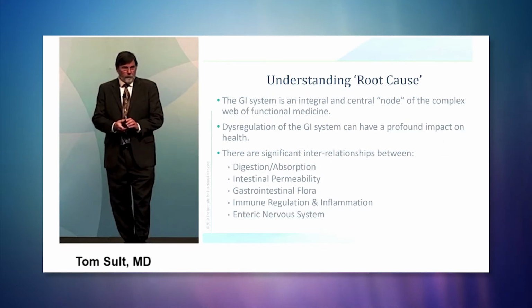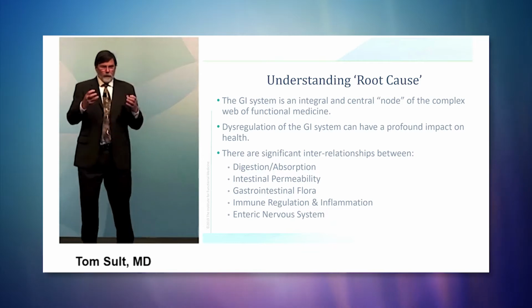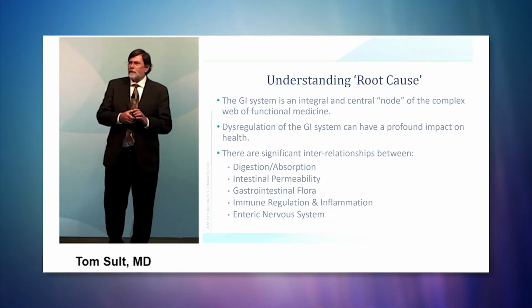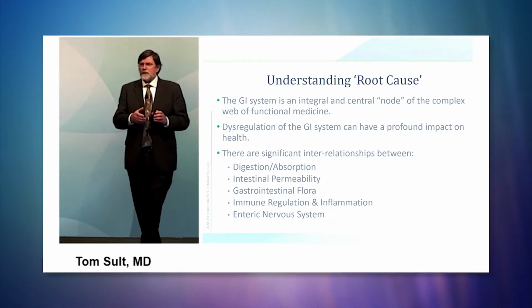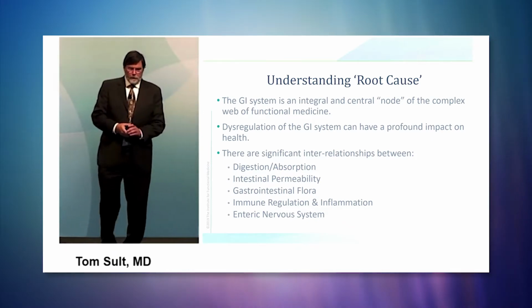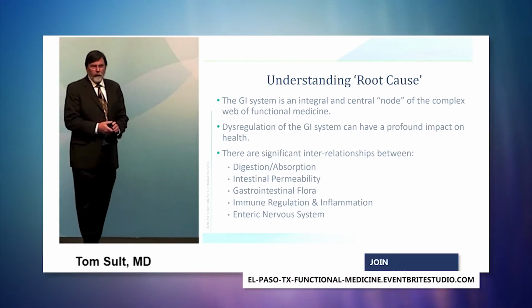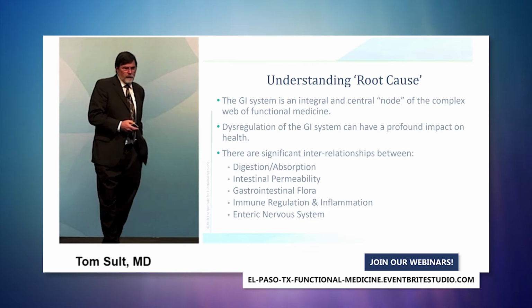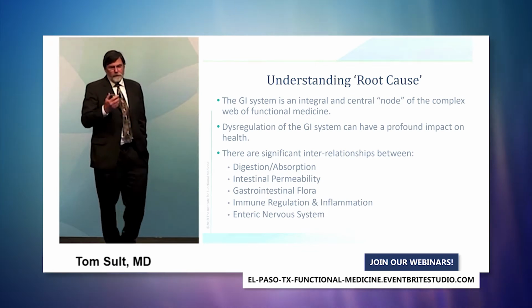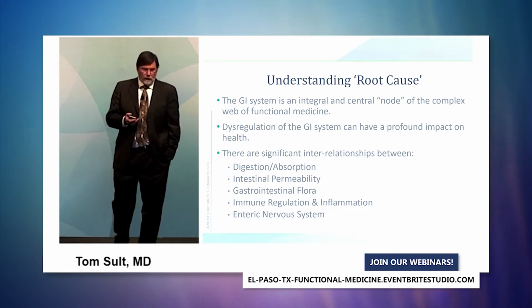So understanding root cause. The gastrointestinal system, when you think about chaos theory, is kind of a point of symmetry. It's one of these nodes of complexity. And dysregulation of the GI system can have profound impacts on health.